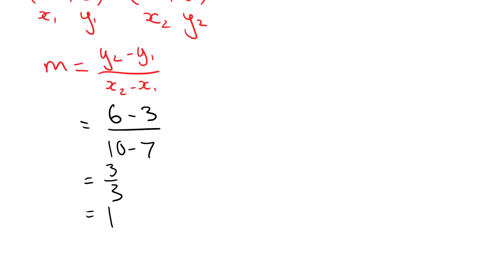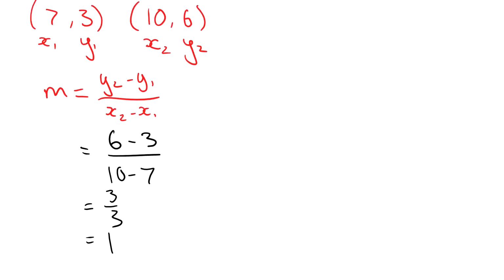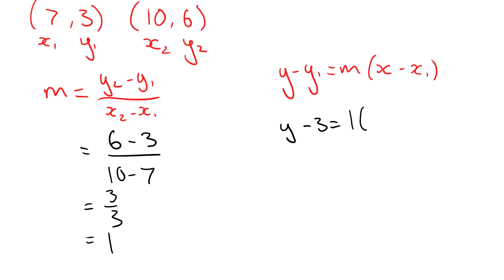Now that we've got our gradient, I will go up here, and we're going to use our point formula: y minus y1 equals m (x minus x1). I'm going to stick with my x1 and y1 that I've already labeled. So now y minus 3 equals the gradient, which we said was 1, times x minus 7.